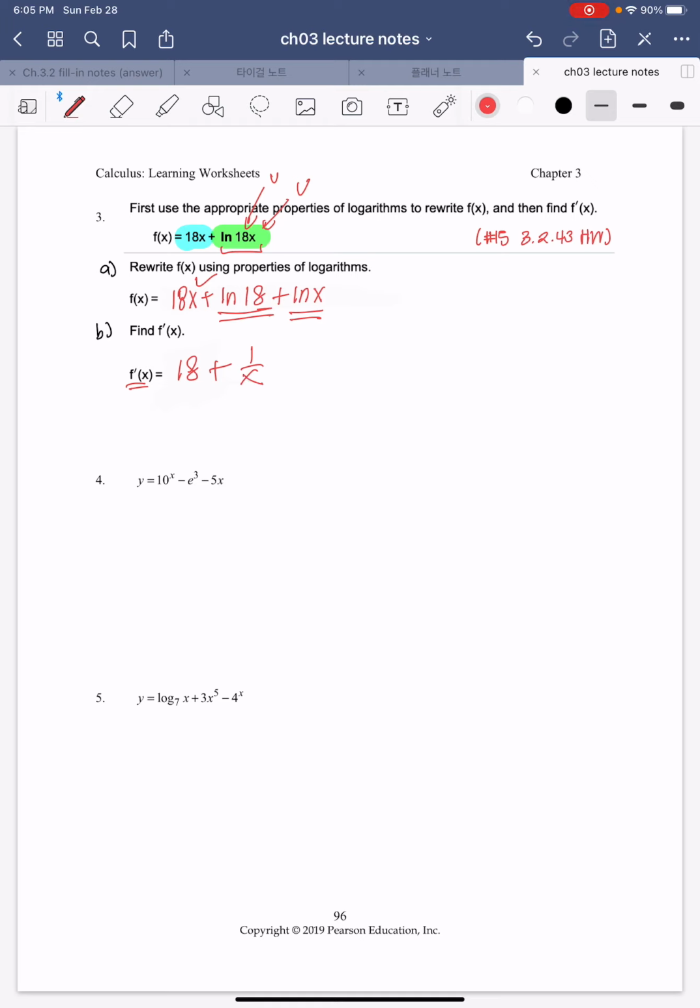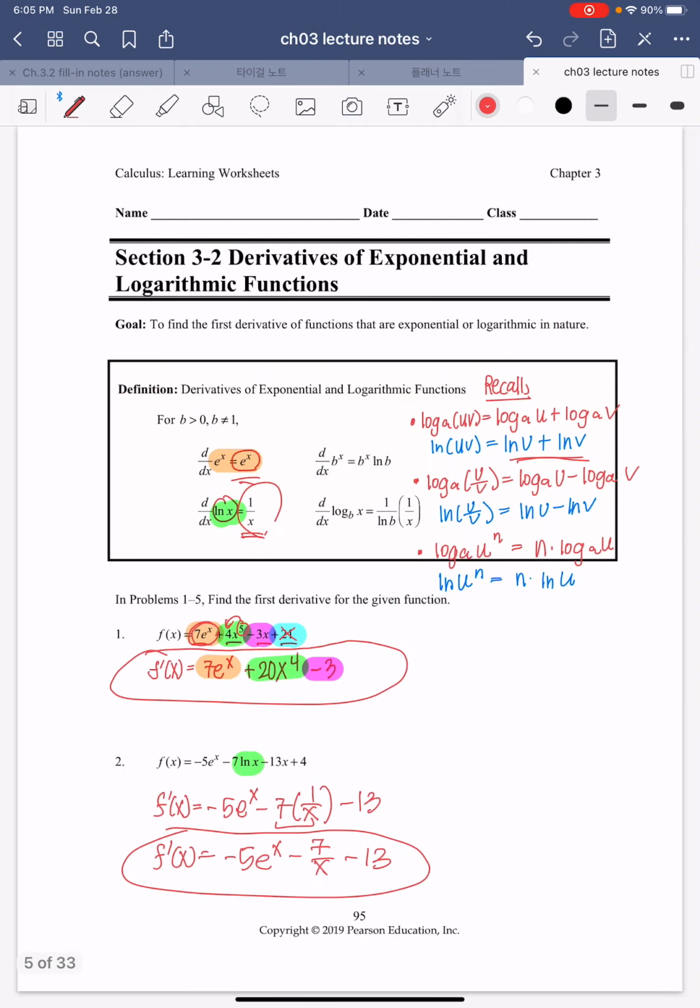So your final answer is 18 plus 1 over x. Some homework problems and exercises will require you to modify things a little bit using the rules. So I gave you a couple of rules to help you rewrite. Use those, manipulate, and rewrite into more terms so you can use the formulas.